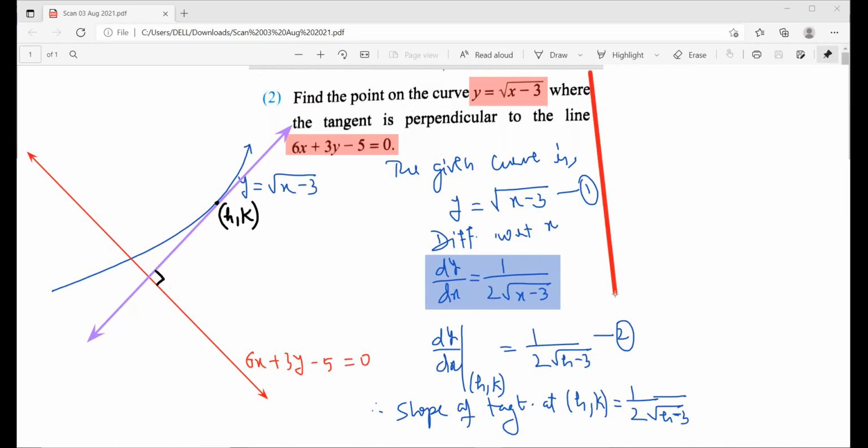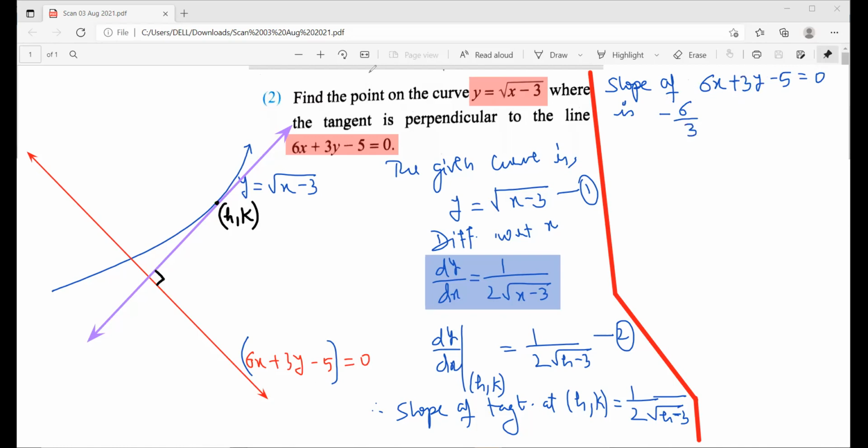What I do next is, see, here I have this line 6x plus 3y minus 5 equals 0. Let me find out the slope of this line. I write here, slope of 6x plus 3y minus 5 equals 0 is minus a by b, minus 6 by 3.